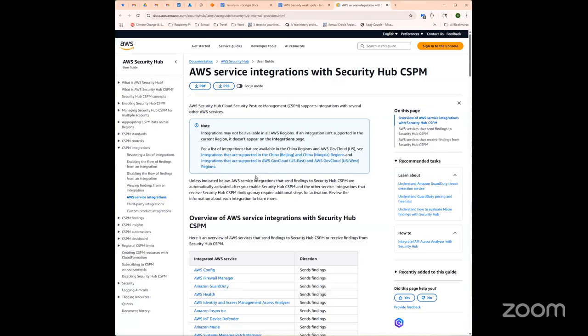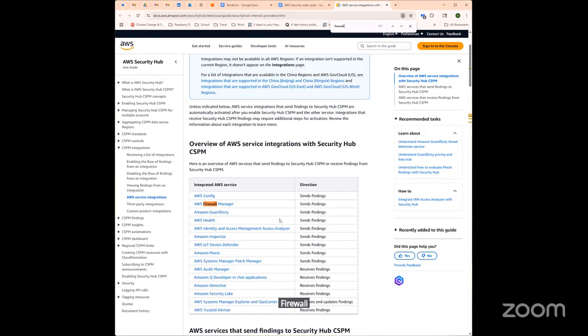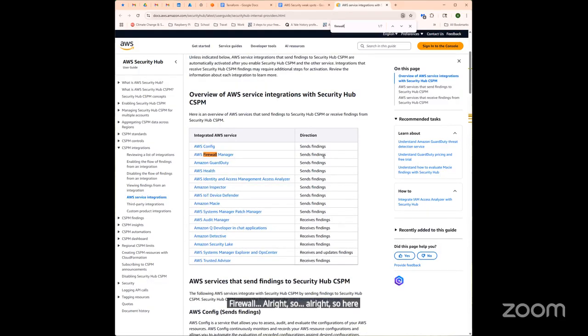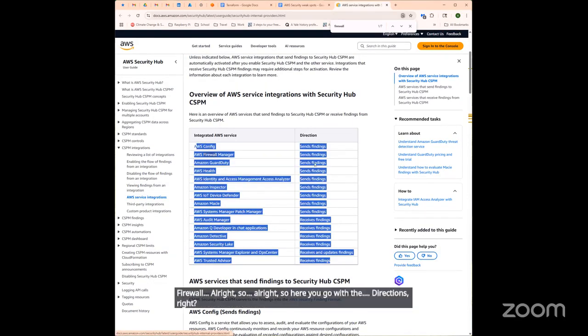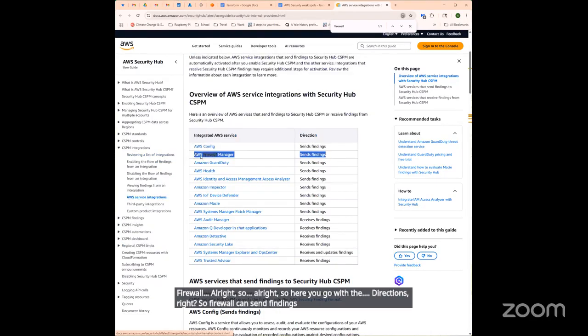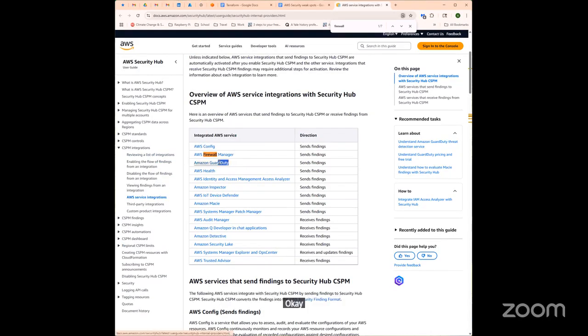So let's get some integration information. All right, let's see. Firewall. All right, so here you go with the directions. Firewall can send findings. Okay, and we see GuardDuty, we see Config, we see Inspector, and then boom, we see Detective receives it. And then we see Trusted Advisor receives it.